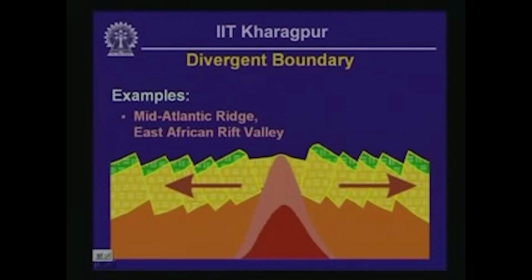What happens here is that the thickness of the lithosphere is really very small, and as a result magma gets pushed to the surface, and as it pushes it moves the existing rock laterally away from the spreading center.